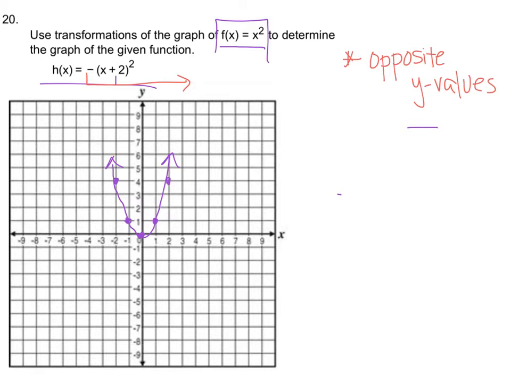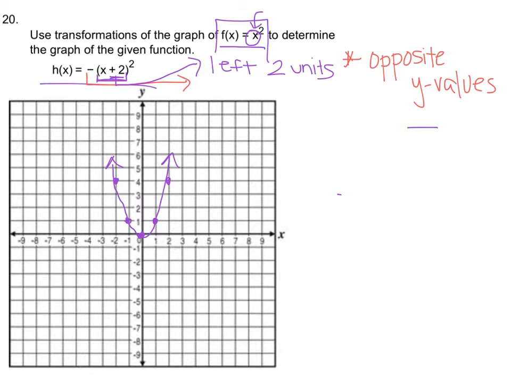The plus 2 within parentheses tells me that I'm going to go to the left 2 units. That's because the plus 2 is on the inside of the function. Do you see how the plus 2 is also being squared? So this whole parenthesis is really the x, and so it's within the f of x function.